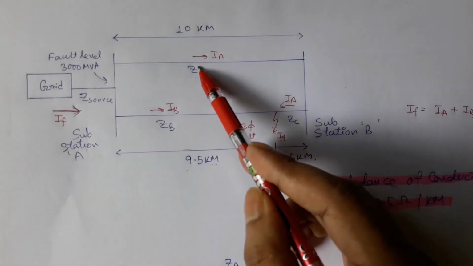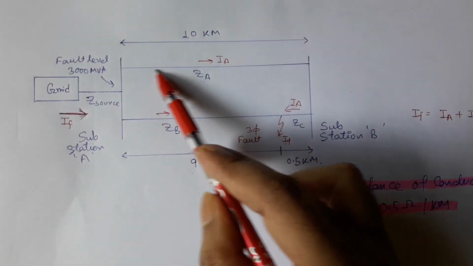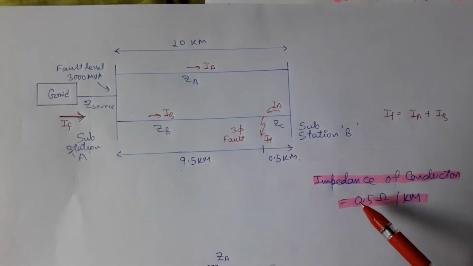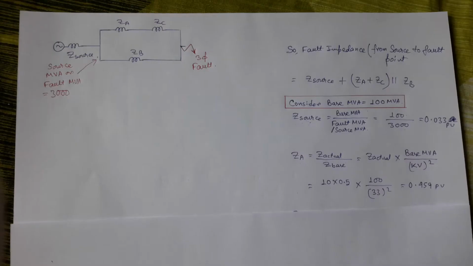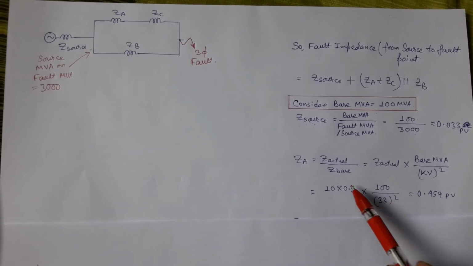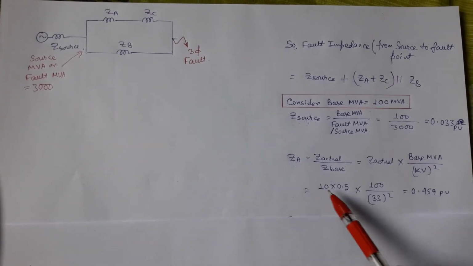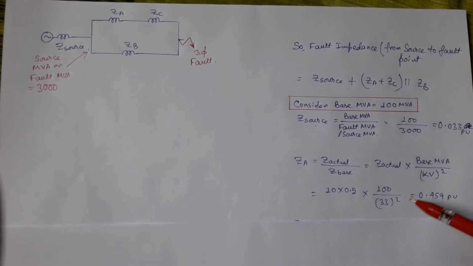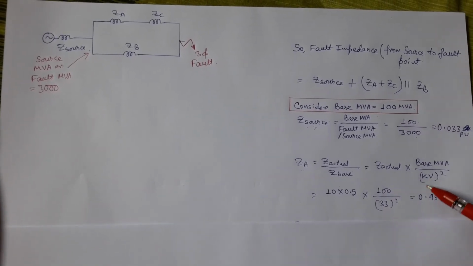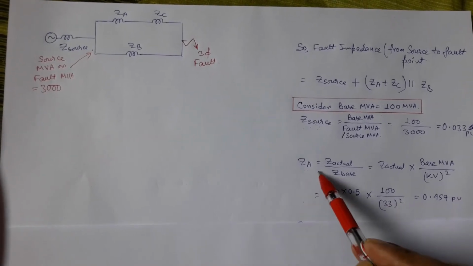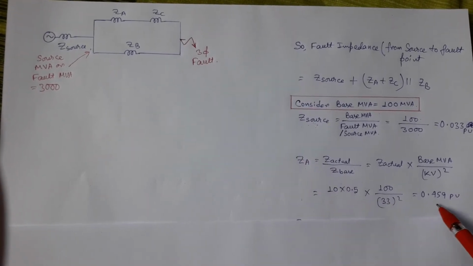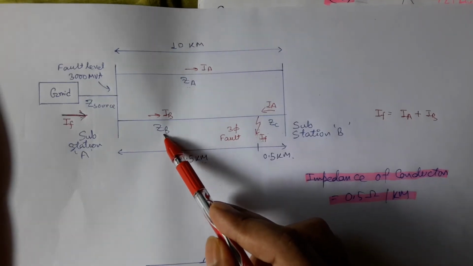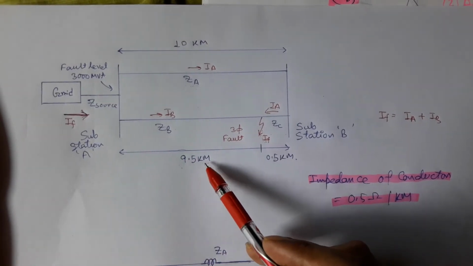Z actual is the actual impedance of ZA, which is 10 km into 0.5. So this is the Z actual, and base MVA is 100 and our system is 33 kV. So we write 33 here, and the calculated value of ZA is 0.459 per unit. ZB part is 9.5 km long.